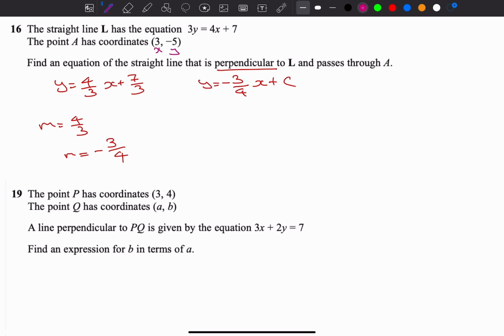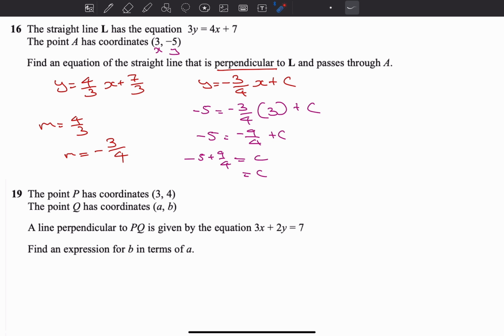X and y coordinate. Y is minus 5 equals minus 3 over 4 times x, which is 3, plus c. If you multiply it, I'm just going to multiply using a calculator anyways. Minus 3 over 4 times 3 is minus 9 over 4 plus c. You just add it on. Minus 5 add 9 over 4, use a calculator anyways.